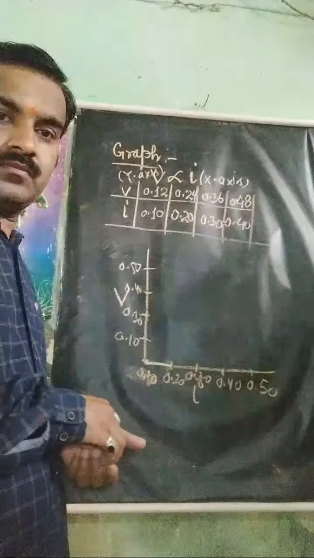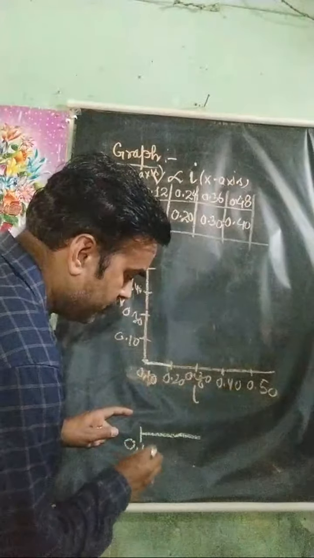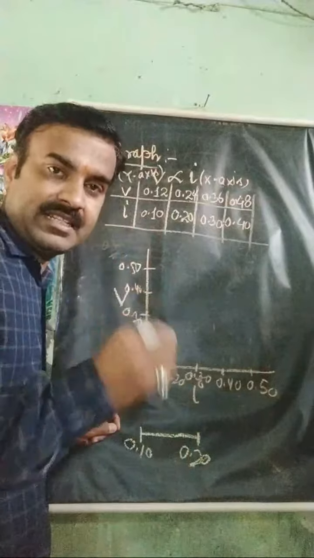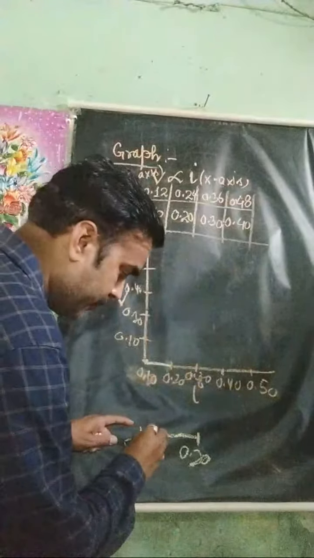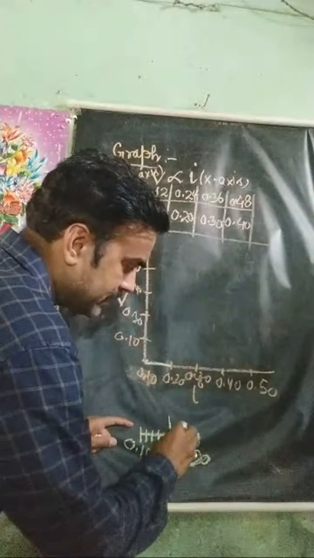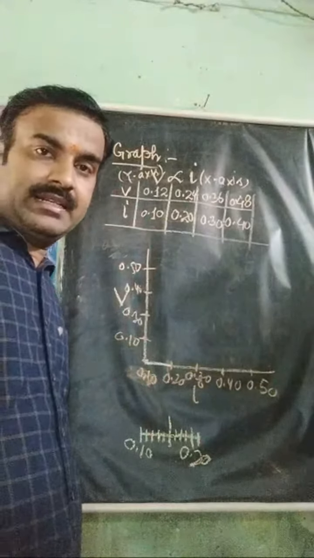See in the graph, between 0.10 and 0.20 there will be 10 small divisions. Here 1, 2, 3, 5, 6, 7, 8, 9, 10. Like that the divisions are given.